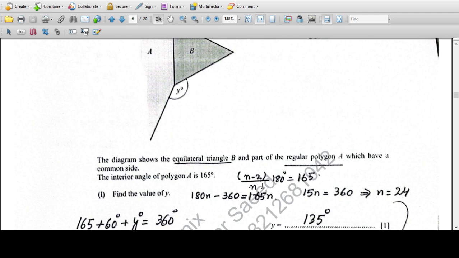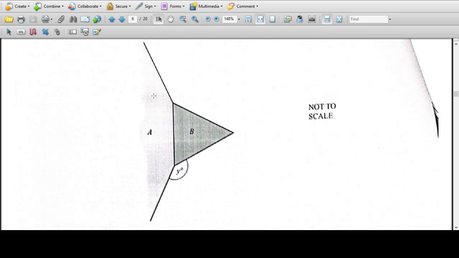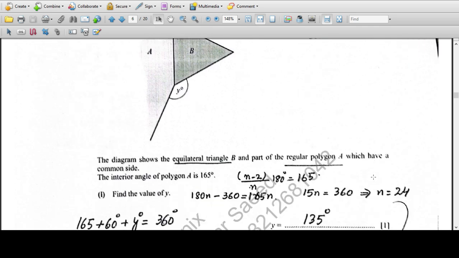So from this we can write the equation as 180n minus 360 degrees, and n is multiplied by this 165, and on simplification we have obtained 15n is equal to 360 degrees and n is equal to 24. So there are 24 sides in this polygon. This polygon A has 24 sides with each angle of 165 degrees.